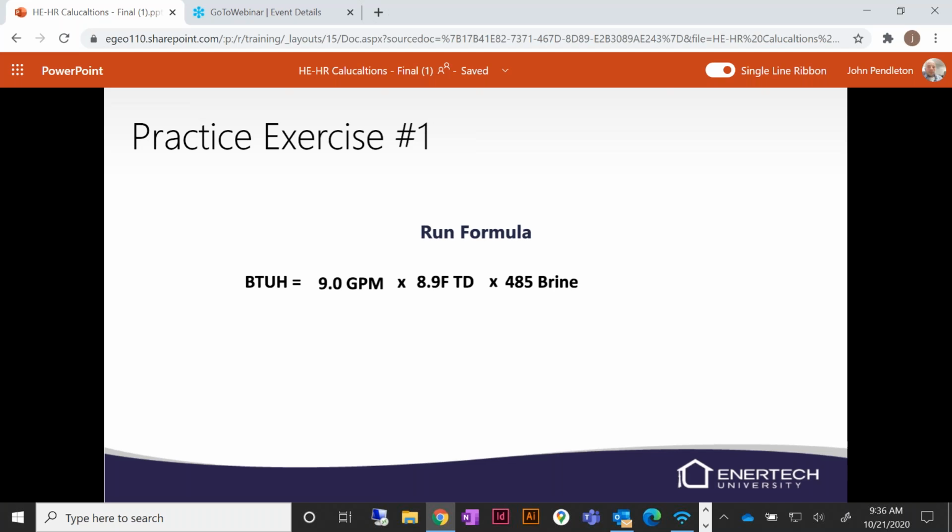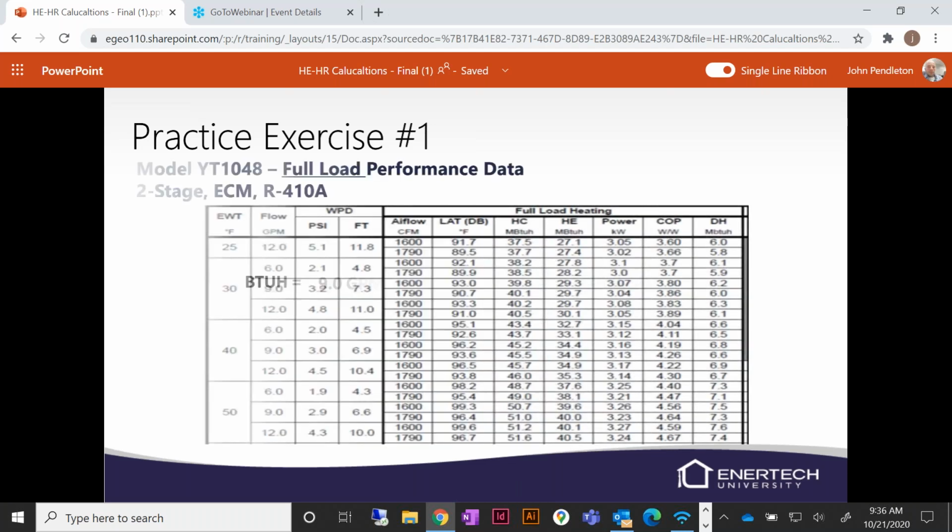So 9 times 9 times 485 equals roughly 38,848 BTUs. So we need to take that 38,800 and compare that to what's in the manual.